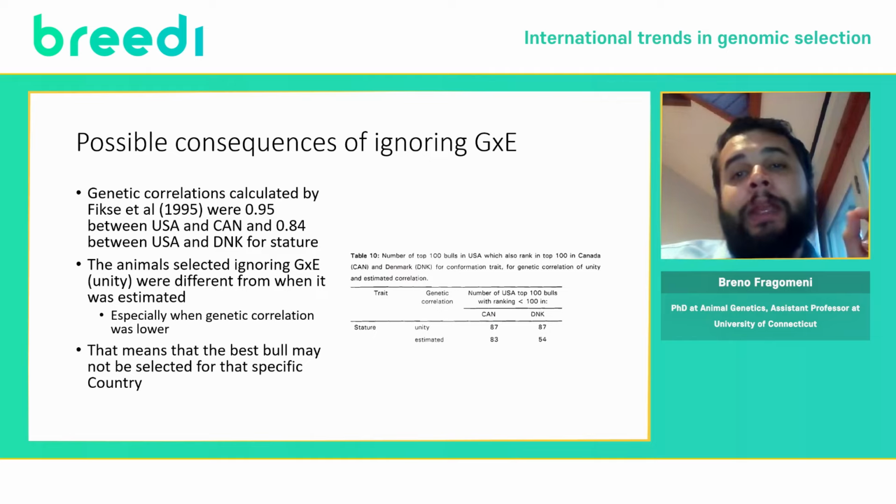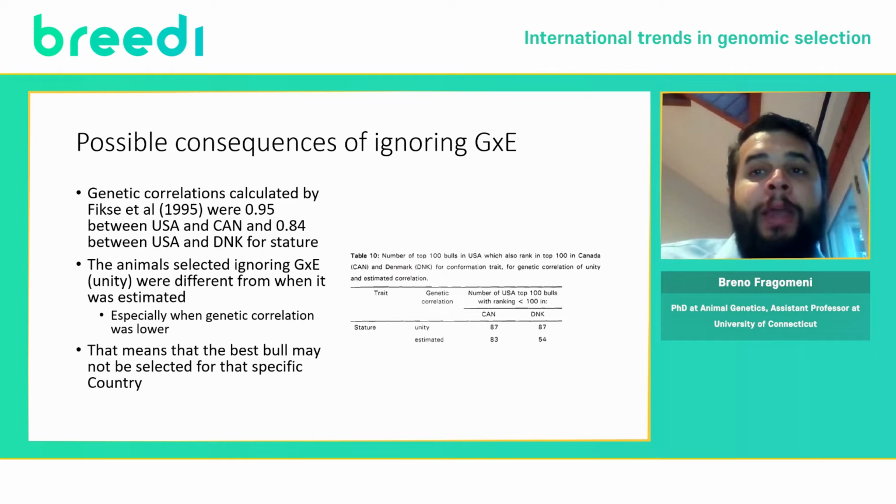And what they did here, they compared the number of animals selected in common among the top 100 sires, and they checked what happened. How many of the top 100 animals were the same in each one of the countries when they considered GxE and when they ignored GxE.